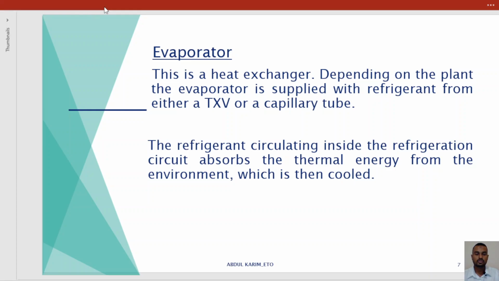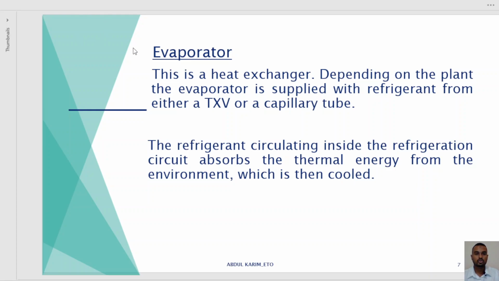As it boils up, at discharge it will pass out as low pressure, low temperature, and the surroundings, I mean the enclosed region, will be low in temperature, because the heat is absorbed by this refrigerant in the evaporator chamber.